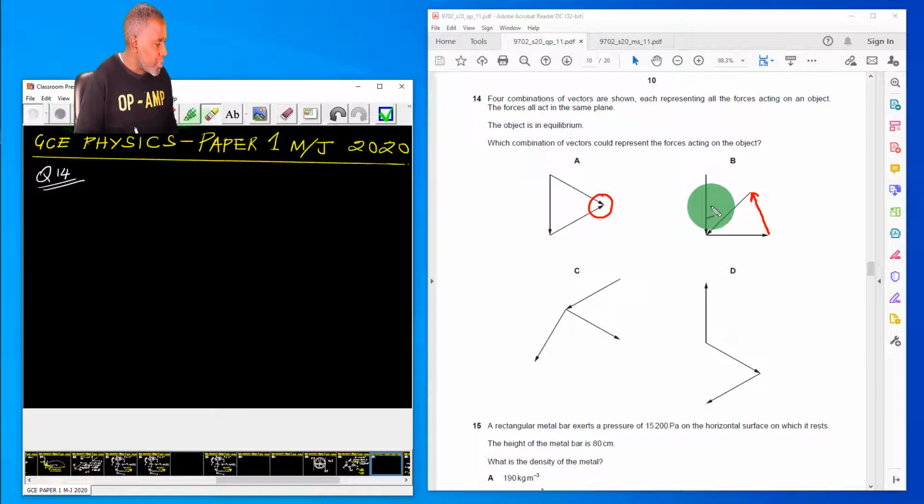If the two forces which are correctly connected are this one and this one, then the third one would be connected like this, of course in a straight line, head to tail, and that would be the correct one. But now, there is this force here which spoils everything. So again, that is why B is out.